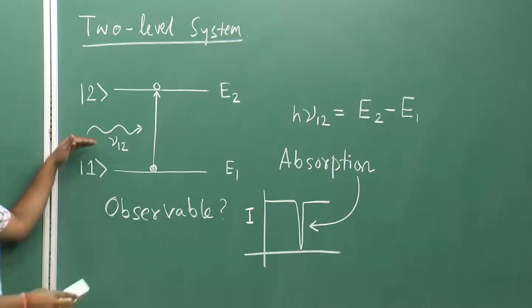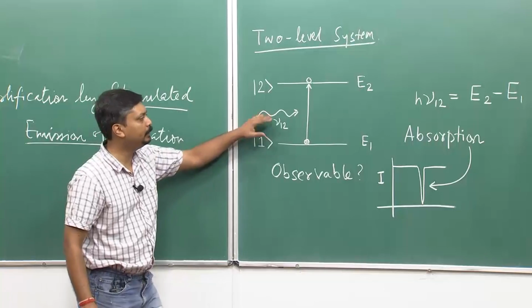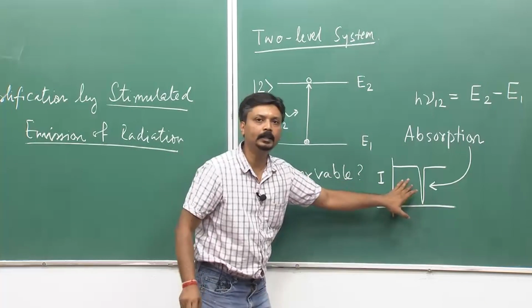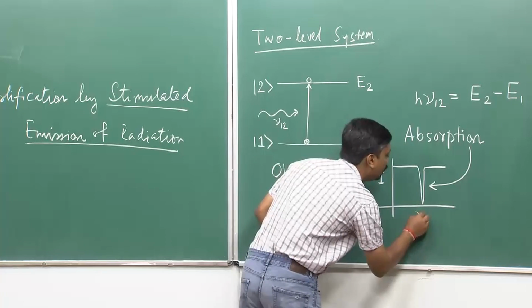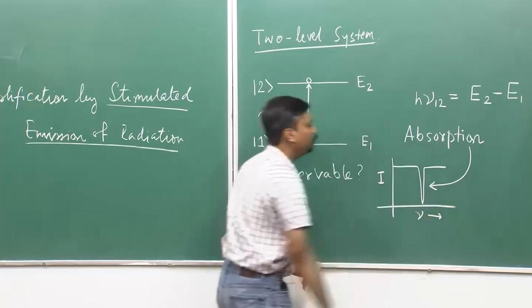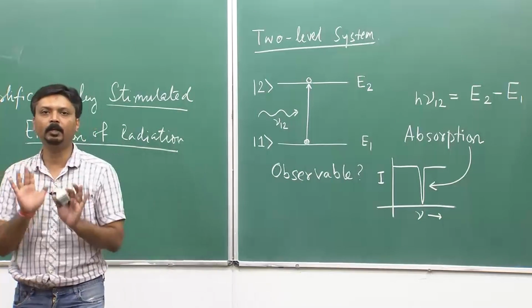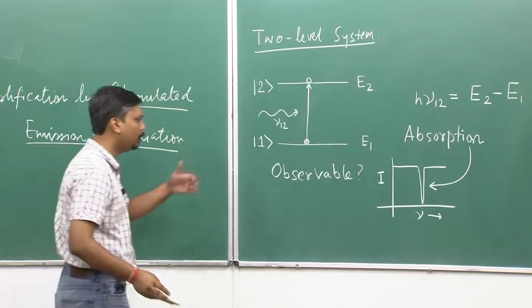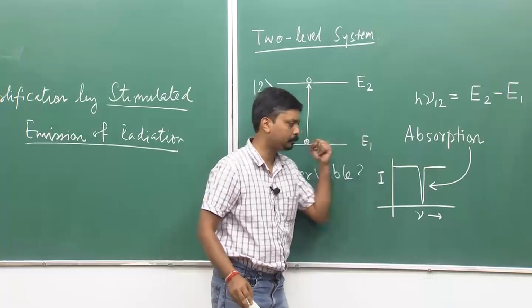I can come with different frequencies of light. Whenever the frequency matches this gap, I can see this. So if I plot it against nu, I see a plot like that. This is my observable. Many of you are probably aware of this fact.